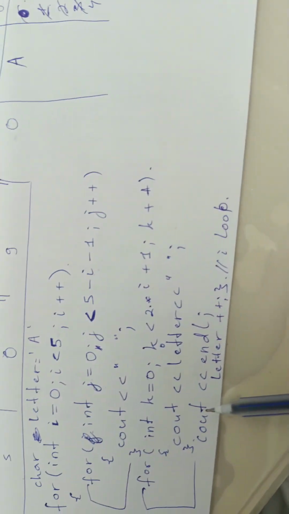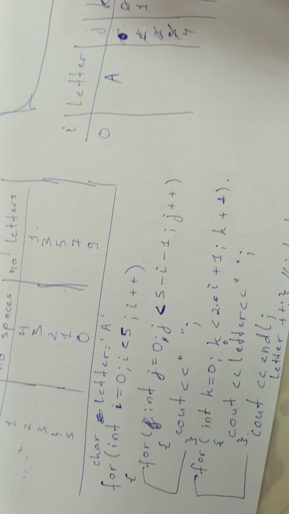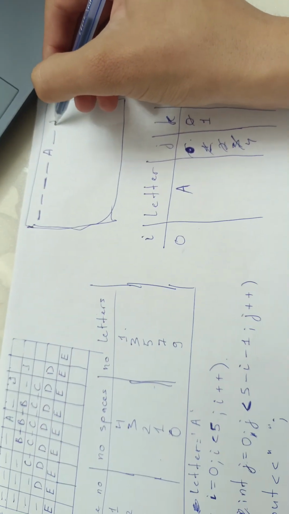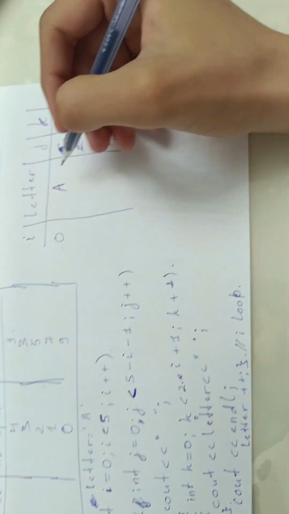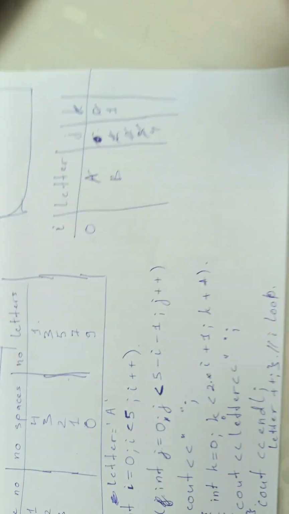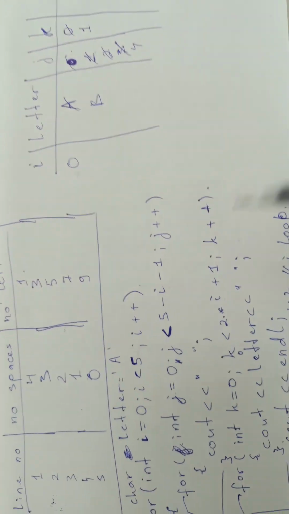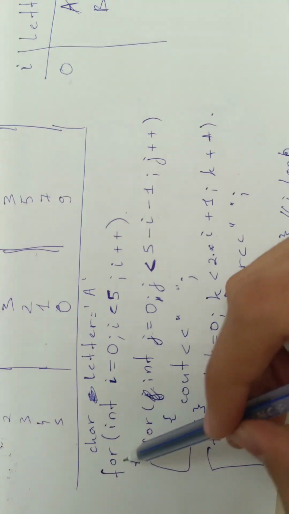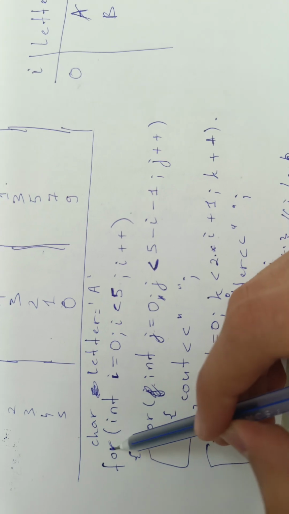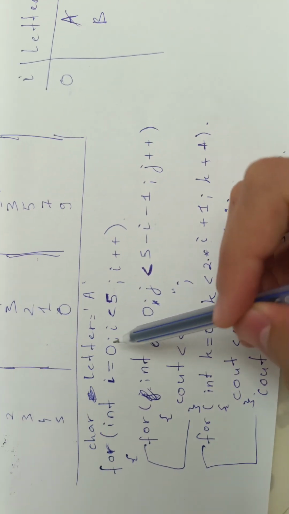Then we have cout endl, we'll go to the next line, and letter plus plus. Letter becomes B. So we go back to our outer loop, and i becomes 1.